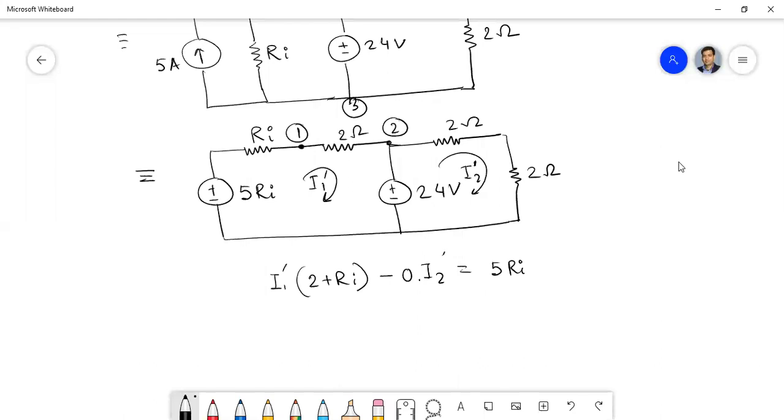Is it 5 Ri minus 24? Yes, sir. 5 Ri minus 24. Okay. And the equation 2?